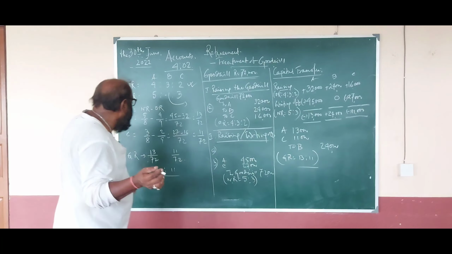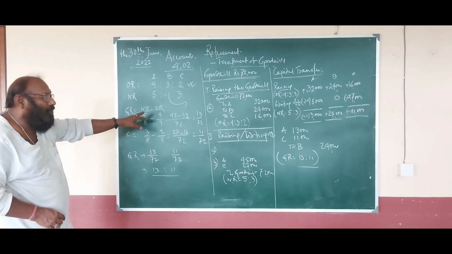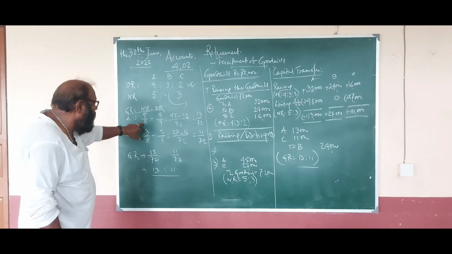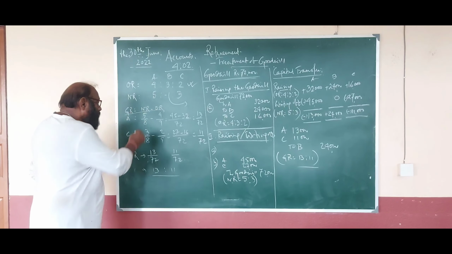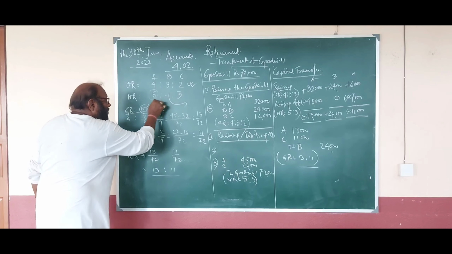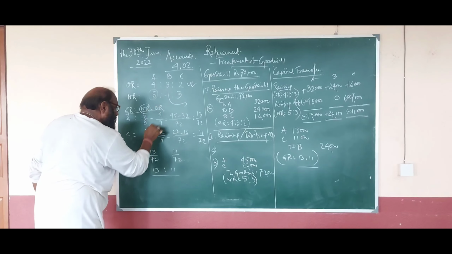Or if you want to find out the gaining ratio, the gaining ratio is new ratio minus old ratio. The new share of A is 5/8, and the old share is 4/9.